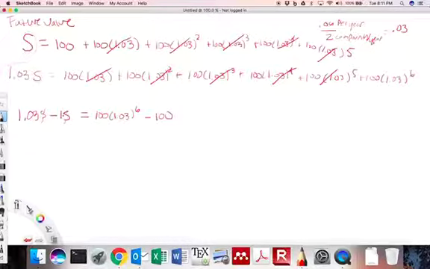Now gaze at this for a moment, channel your inner algebra beast. Notice that both of these terms, separated by subtraction, which is adding the opposite, have a factor of s. So I can write s here and s here, or I can write s here and then use parens to indicate that both of these terms have a factor of s. Both of these terms have a factor of 100.